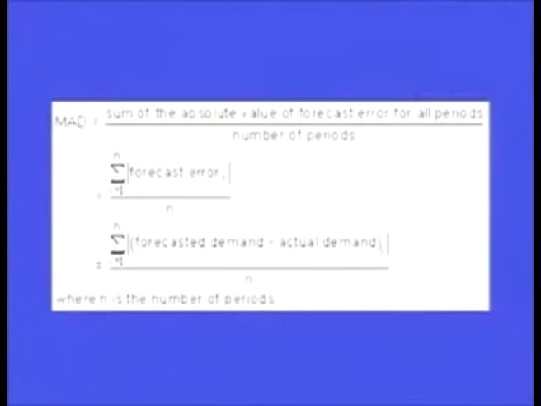Now MAD is the sum of the absolute value of forecast errors for all periods. All periods means that suppose we are looking at 10 different periods. For period number 1, what was the actual demand? What was the forecast for that period? What is the difference between the two? Then this will be added to period number 2.